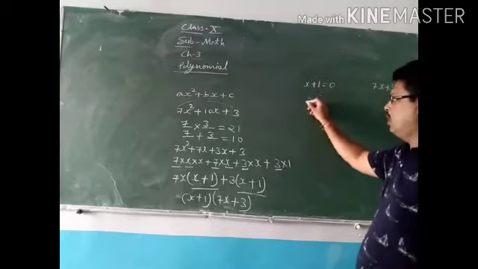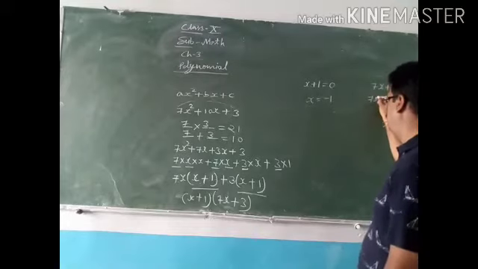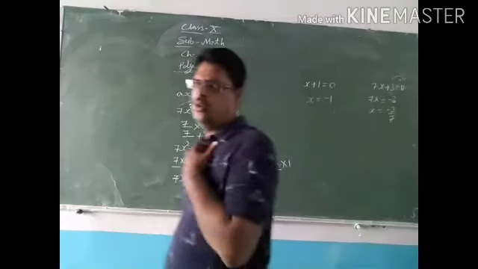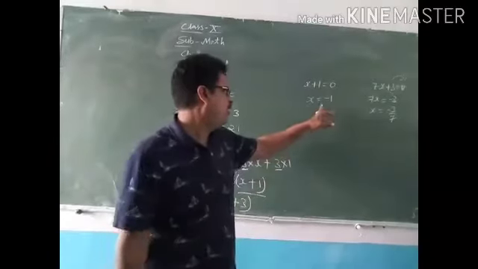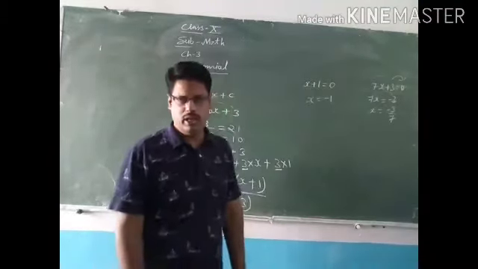So by this x is equal to minus 1, and in 7x, by transposing, plus 3 will go to the right hand side, so it will become minus 3. 7 is in multiply, it will go to the right hand side by transposing, and it will convert into divide. So two zeros we have found. First is minus 1 and second is minus 3 by 7.